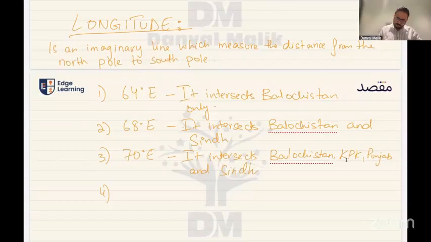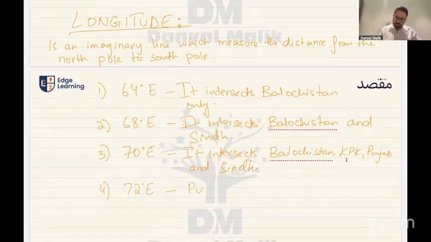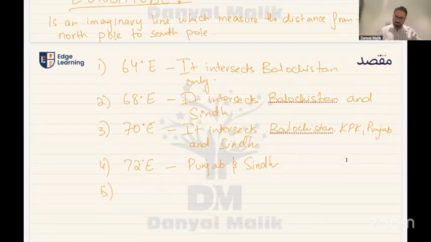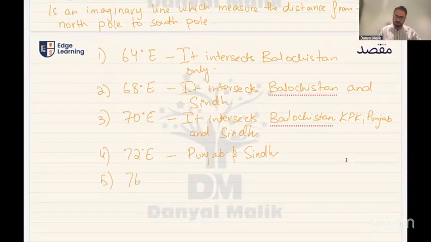Number four we have is 72 degrees east. This intersects Punjab and Sindh. And number five is 76 degrees east. It intersects Gilgit Baltistan only.